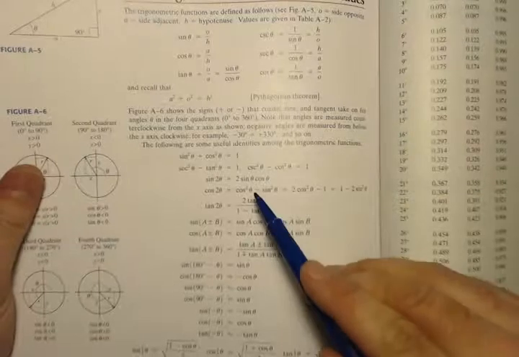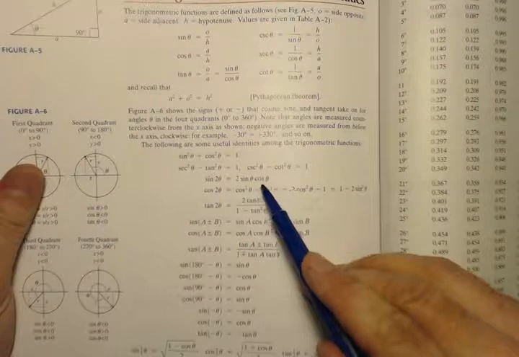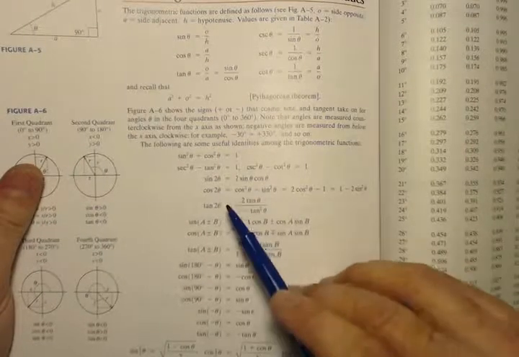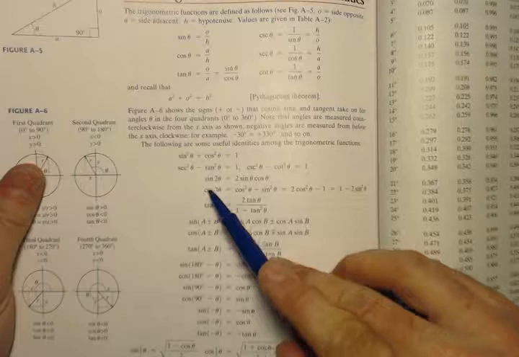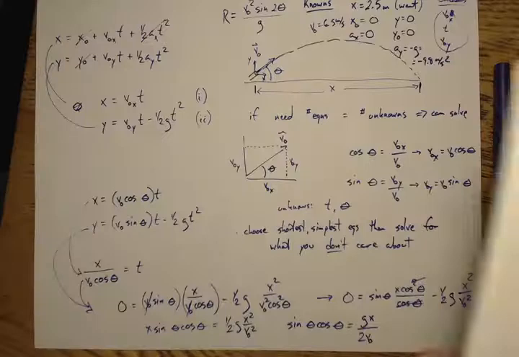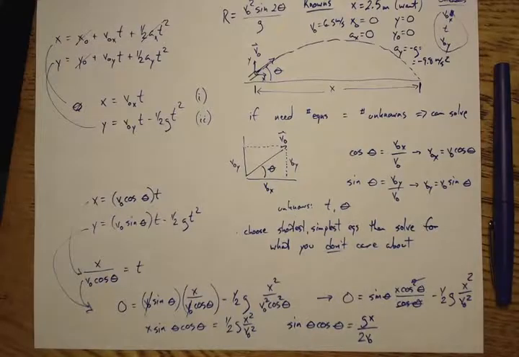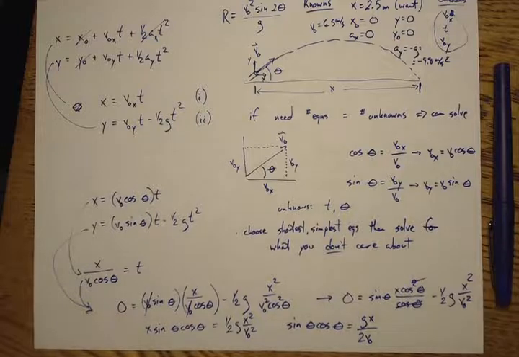And look at this. I've got a sine theta cosine theta. I've got a factor of 2 in there. And I've got something that's a little bit simpler. Okay. So if 2 were on the other side, I'm going to start a new piece of paper.